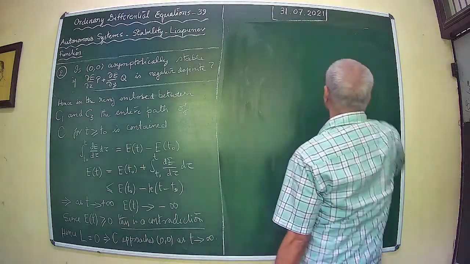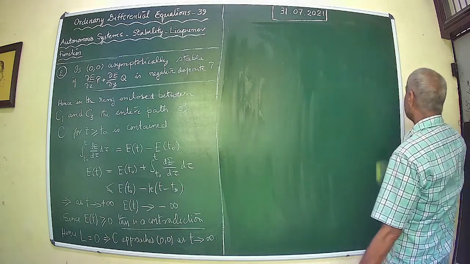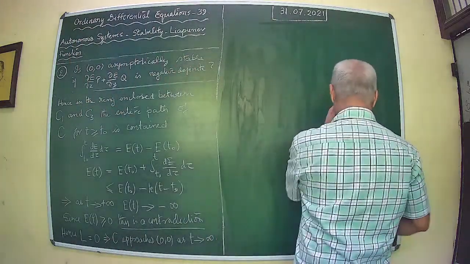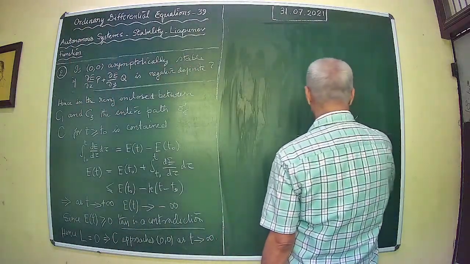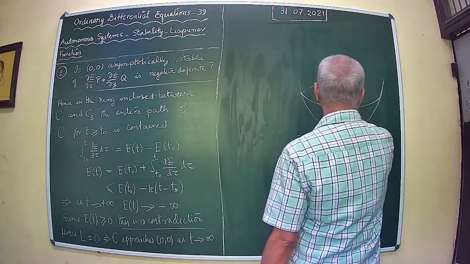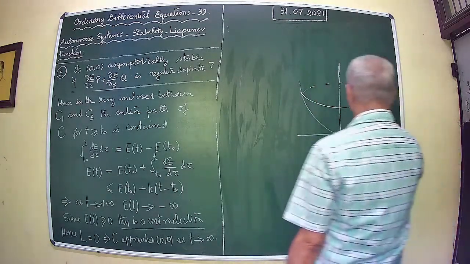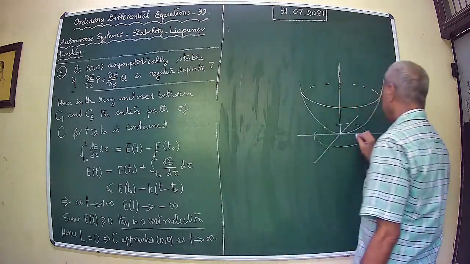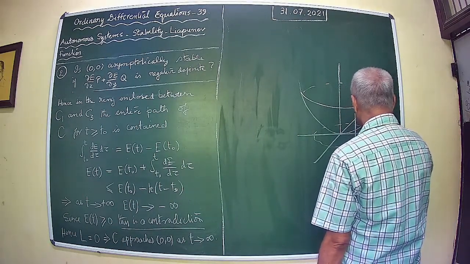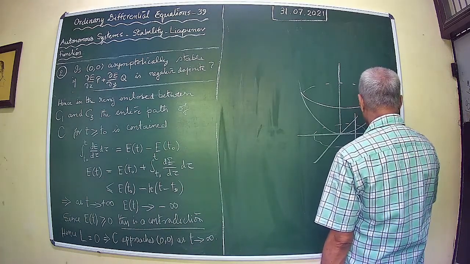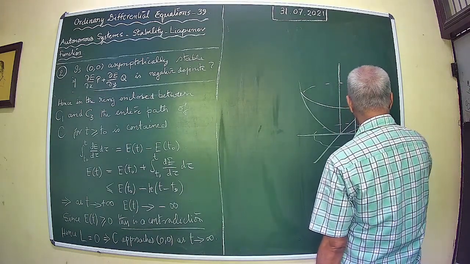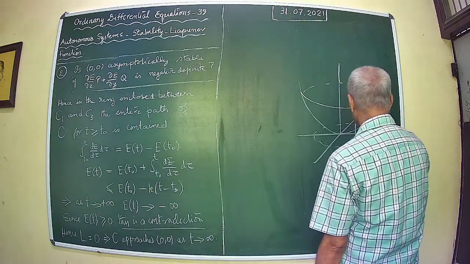It is nice, beautiful geometry. See, the scenario is this: once you are inside a neighborhood, suppose this is the point, then this height is what you call E(t), and you have a characteristic passing through this.